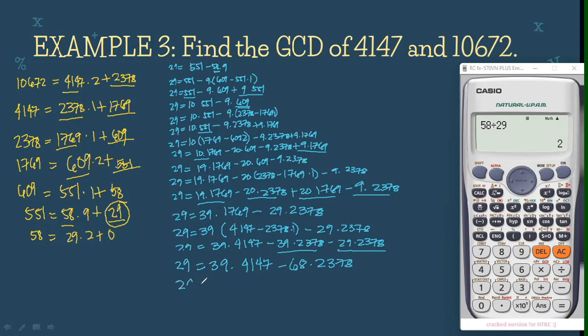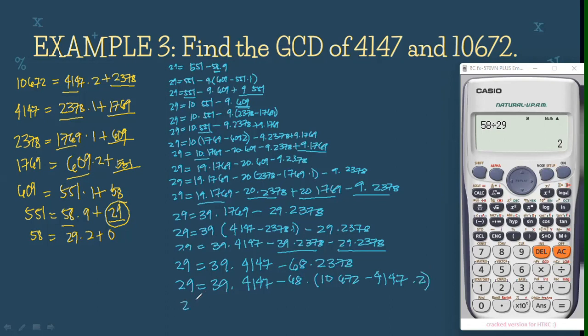So we have here 29 is equal to 39 times 4,147 minus 68 times the quantity 10,672 minus 4,147 times 2. So now let's distribute po.